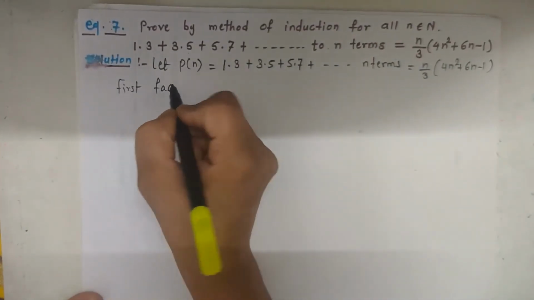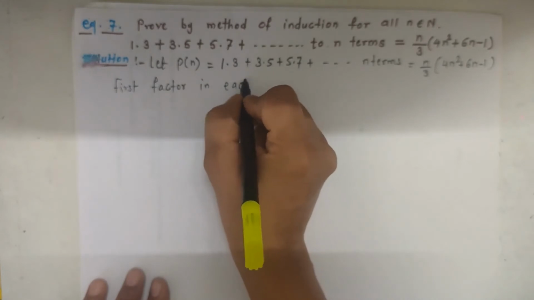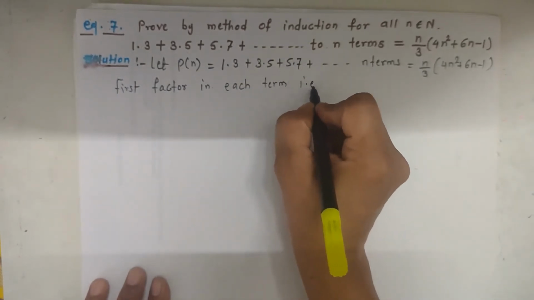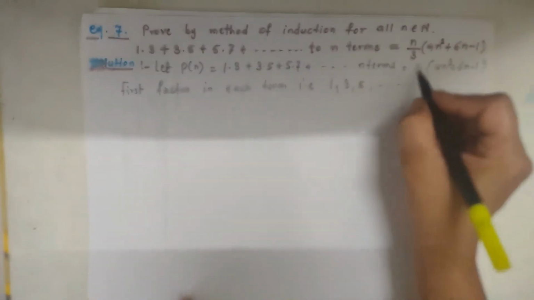Now here the first factor in each term, that is 1, 3, 5 up to n.